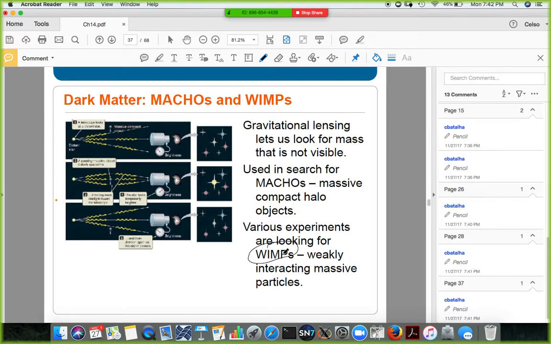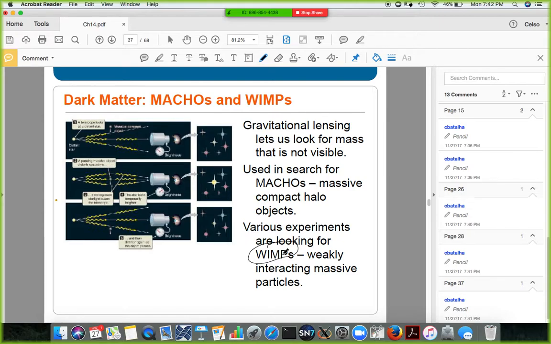So if you have a large distribution of these particles popping in and out that you can't detect, every time one of them pops in, it adds mass to the entire environment. When you have several of them popping in and out at different times, that mass adds up to what is required to explain what we observe.